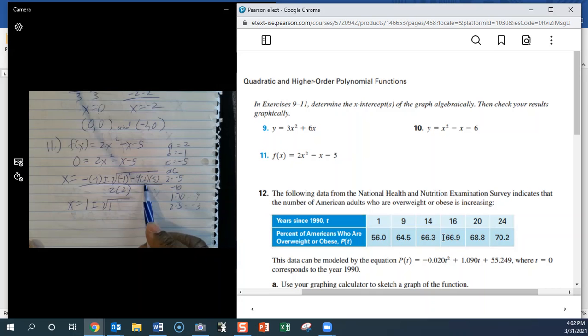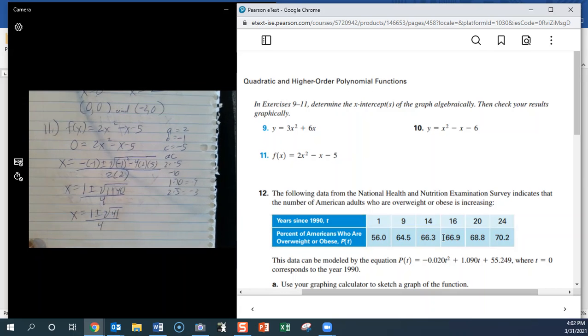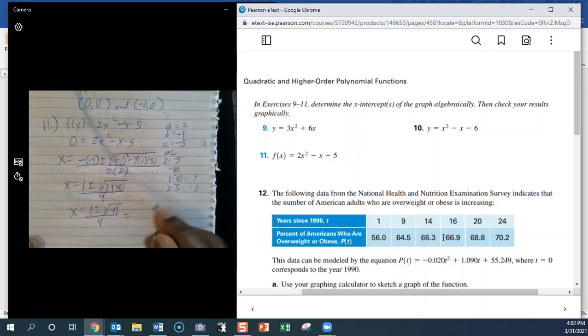Minus 4 times 2 is -8 times -5 is a positive 40. All over 2 times 2 is 4. So x is equal to 1 plus or minus the square root of 41 all over 4. So this could be separated as 1 plus the square root of 41 over 4 and 1 minus the square root of 41 over 4.